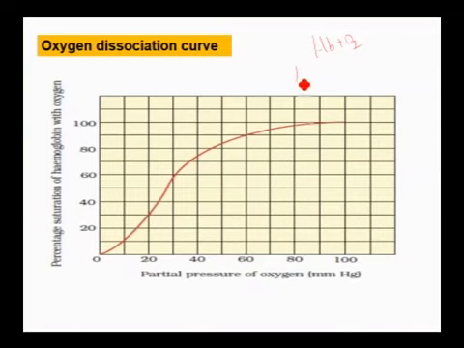If you expose hemoglobin to carbon monoxide, carbon dioxide and oxygen, it has greater affinity to bind with carbon monoxide, then with carbon dioxide, and later it binds with oxygen. So when the carbon dioxide concentration is more, oxygen concentration is less and the pH is acidic, immediately we see the oxygen dissociates from the hemoglobin.